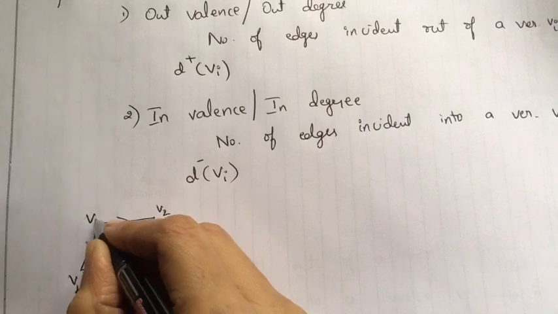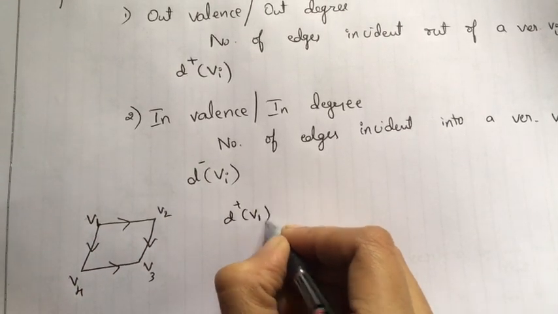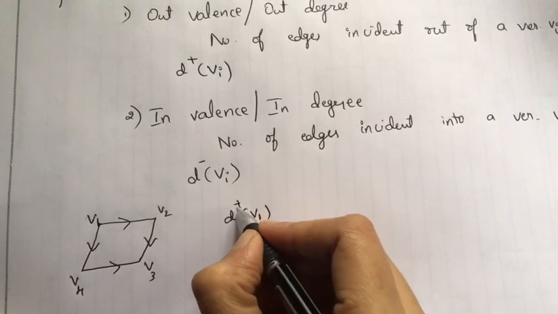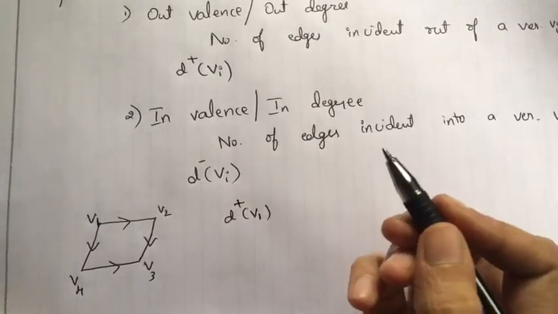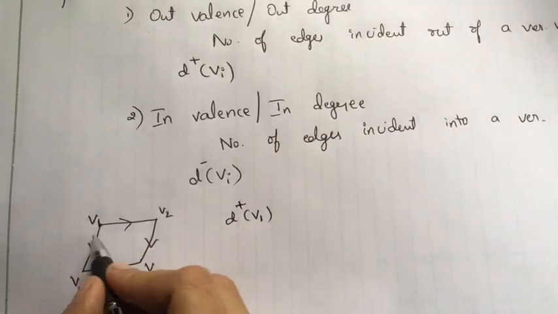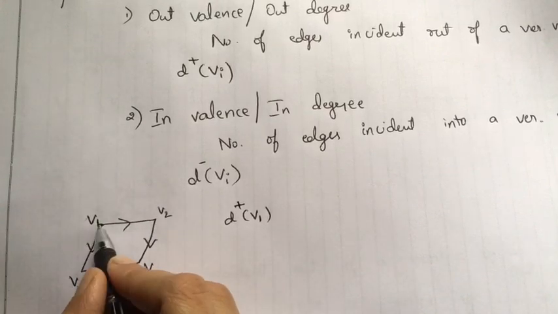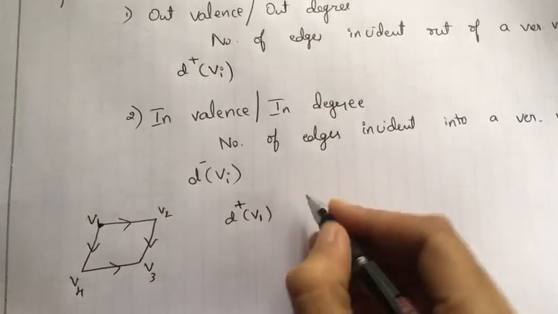Now for the vertex V1, d plus of V1, if I take positive, then it is out degree, meaning how many edges are incident out of that vertex. For this vertex V1, there are 2 edges which are incident out of it. So it is 2.